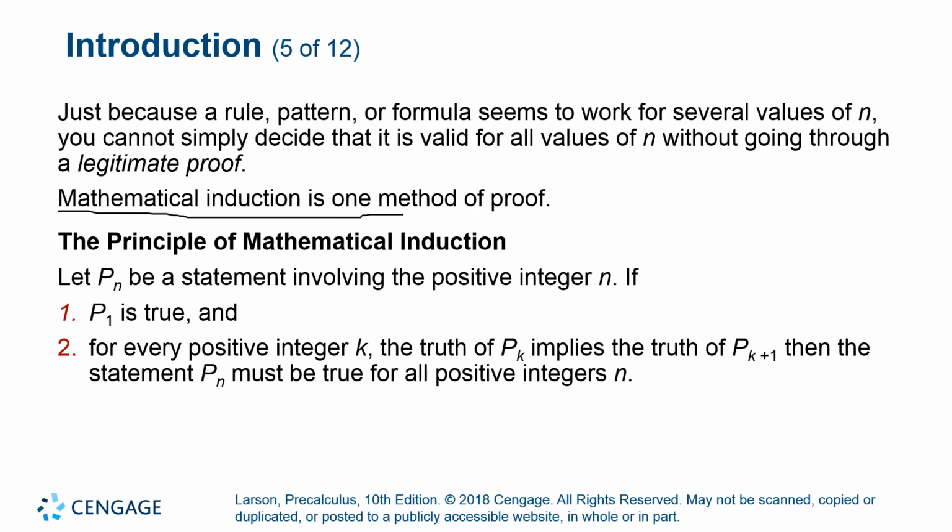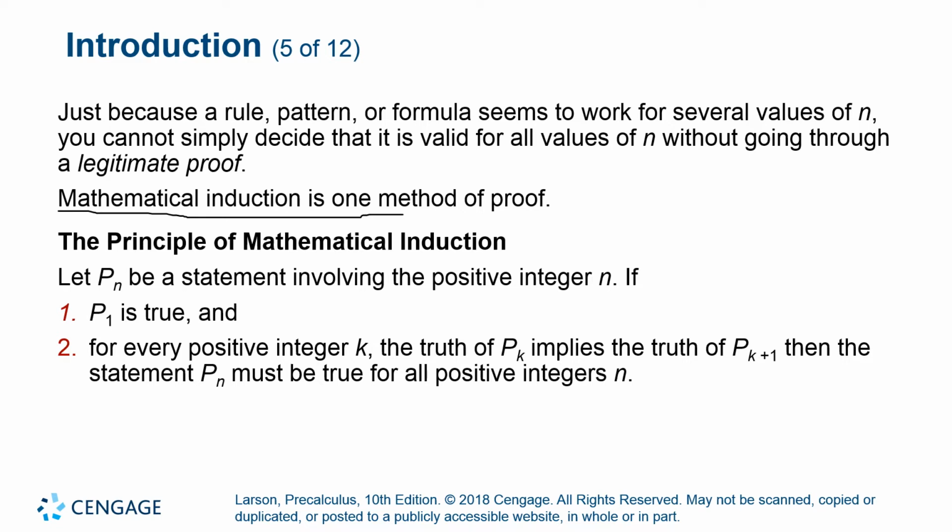The principle of mathematical induction is we let Pn, P sub n, be the statement involving the positive integer. Another way, as we wrote at the beginning of the previous slide, it was Sn. So we can use Pn here, it's okay.